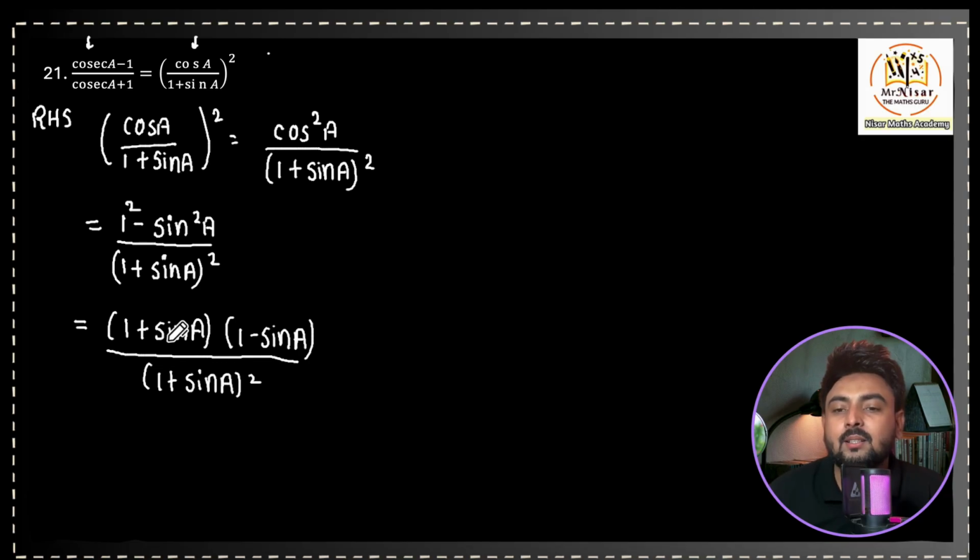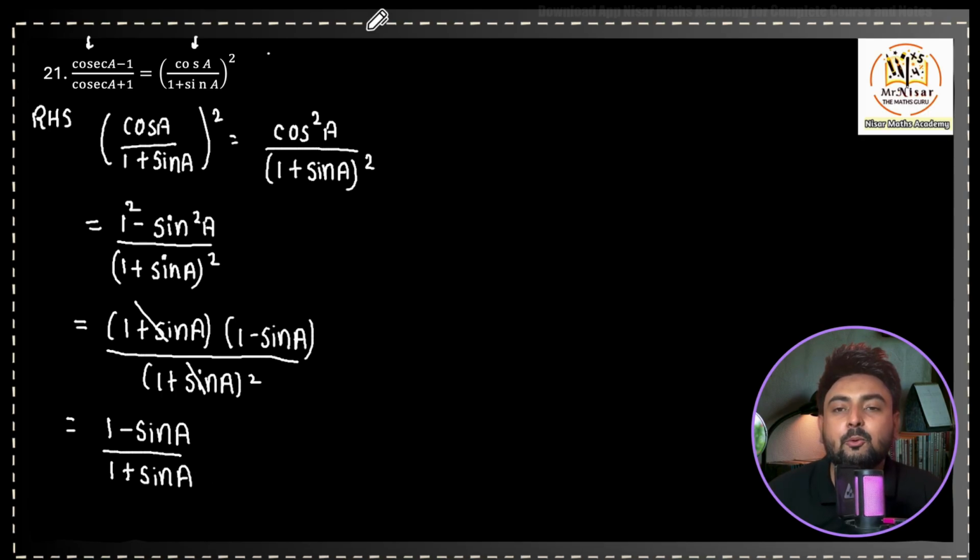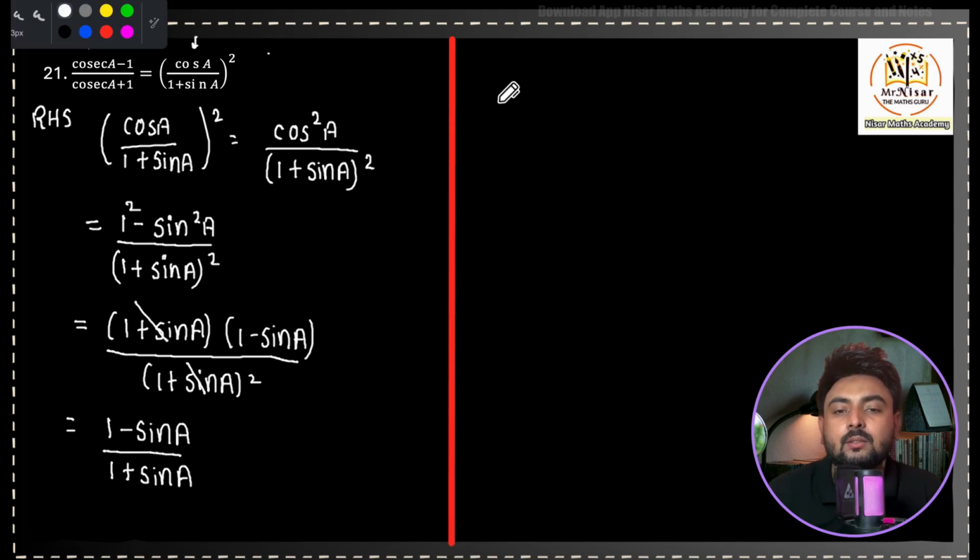Now what will happen? Same in the numerator, same in the denominator, it will get cancelled. 1 plus sin A is cancelled and 1 is remaining. So 1 minus sin A upon 1 plus sin A. And easily I can say that sin is a reciprocal of, yes, sin is a reciprocal of cosec. I'll write it over here.